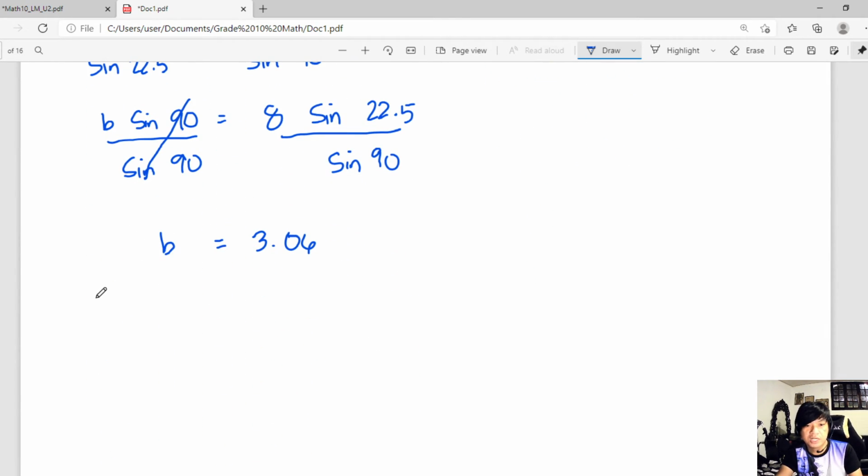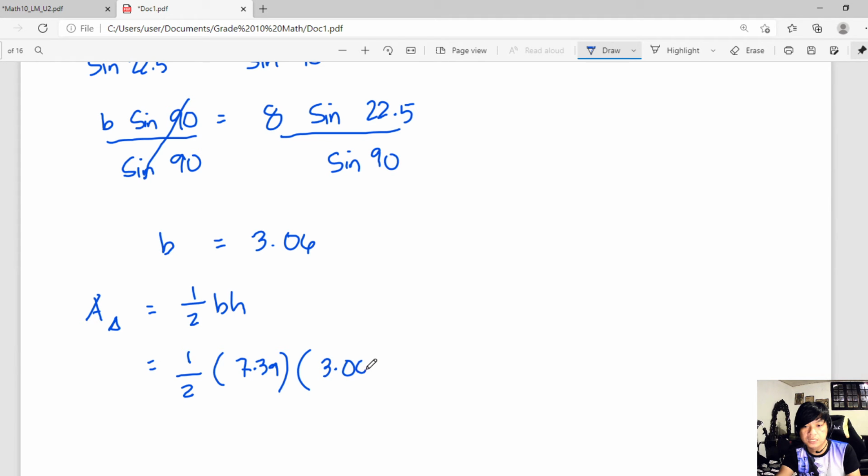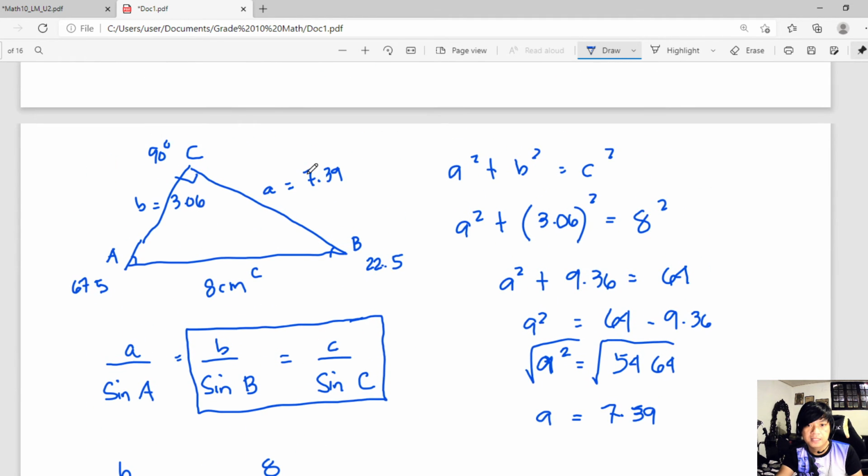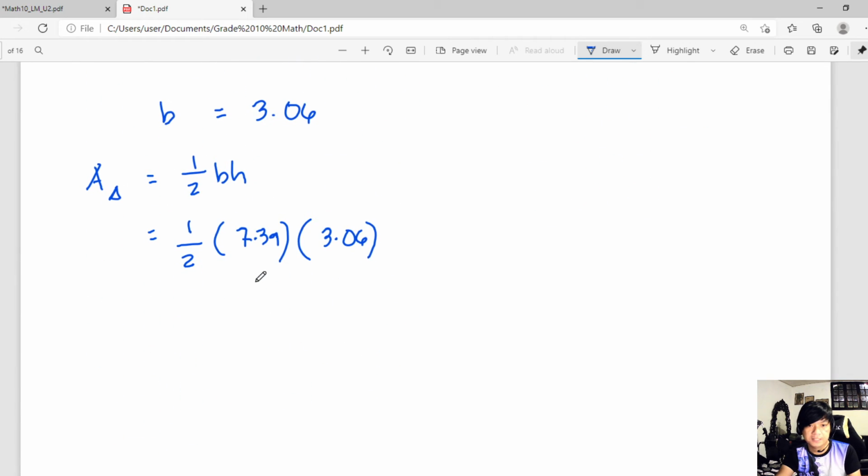So the area of the triangle is equal to 1/2 base times height. That is 1/2 times our base, 7.39, times our height, 3.06. Let's simplify. So, 1/2 times 7.39 times 3.06.